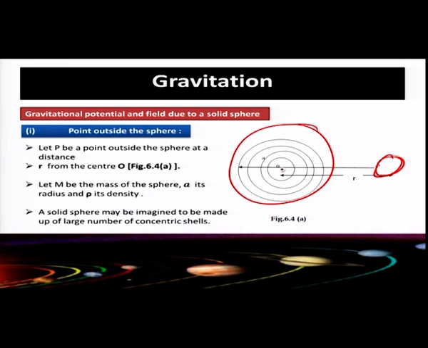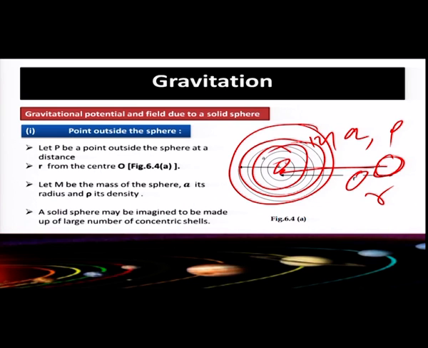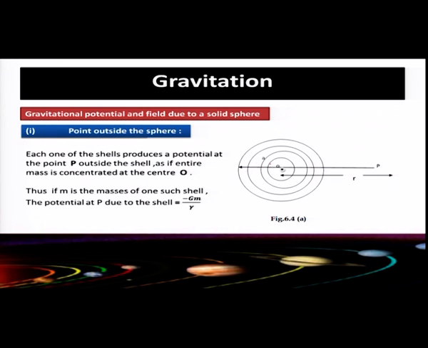Let us say from here to here the distance is r, and let this center be O, and let m be the mass of the sphere, A be the radius and rho be the density. Imagine that this is a solid sphere, and this solid sphere is imagined to be made of a number of large concentric shells.